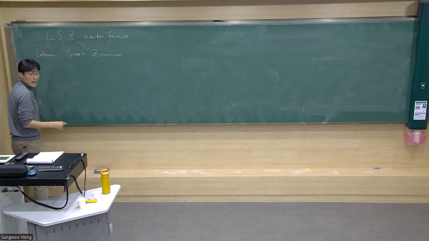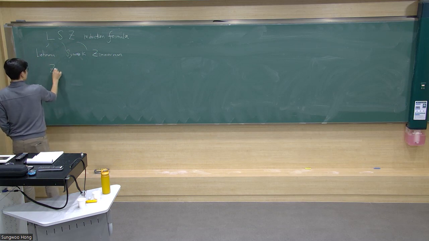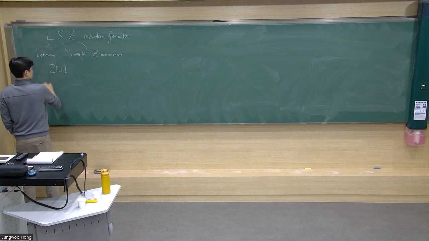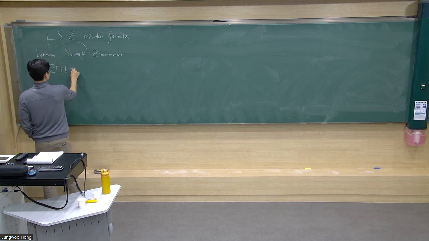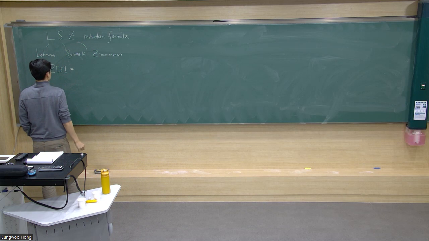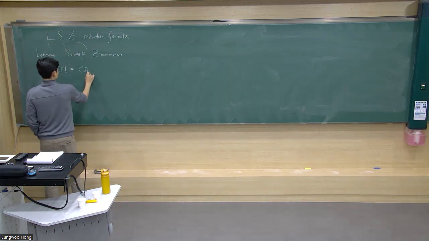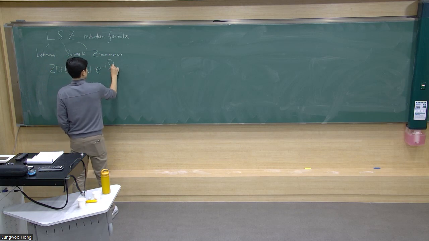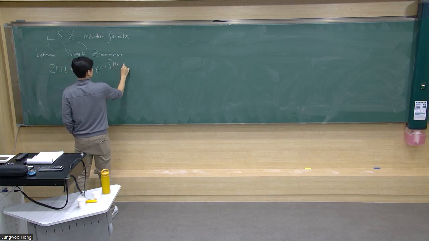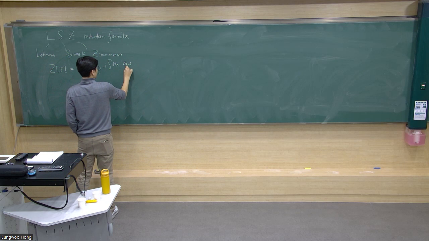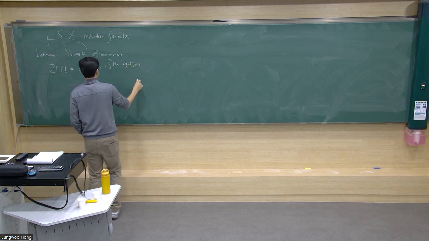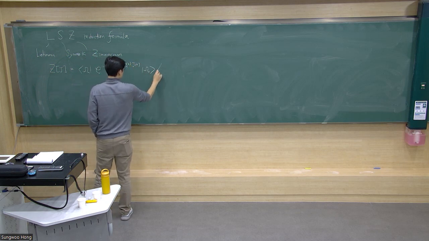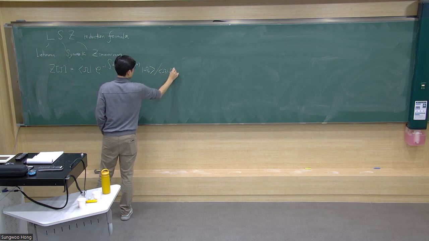So last time we talked about this object, right? This great object, which is the vacuum to vacuum transition amplitude, but in the Heisenberg picture with interacting vacuum with this normalization.